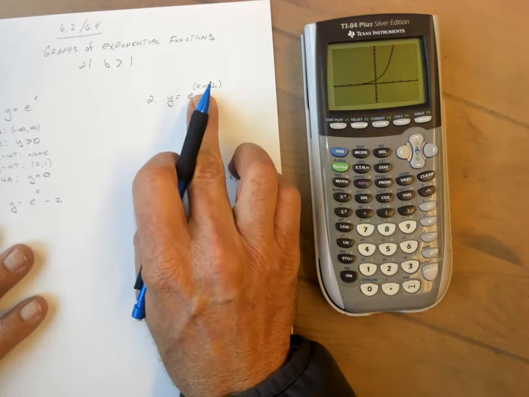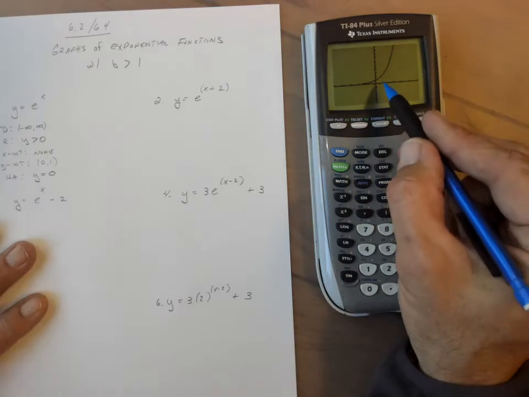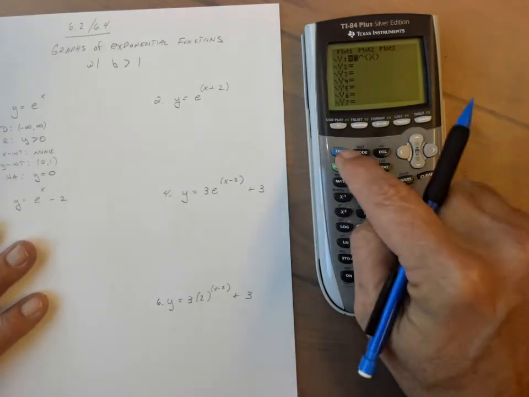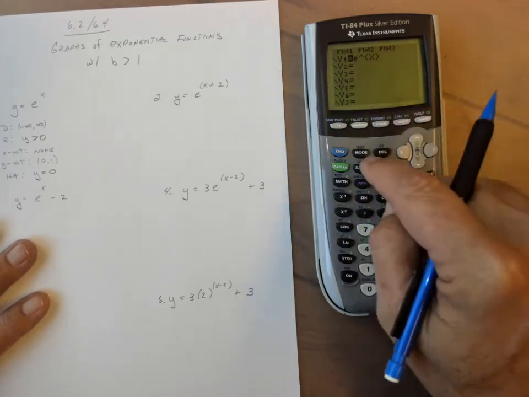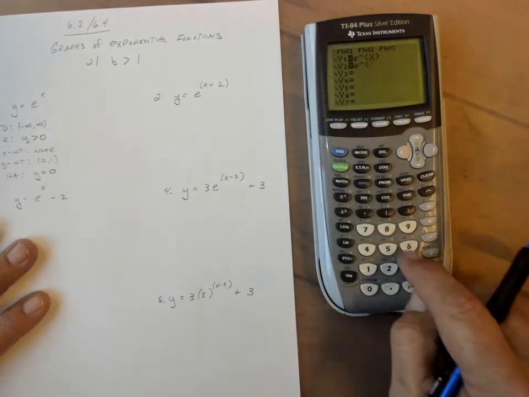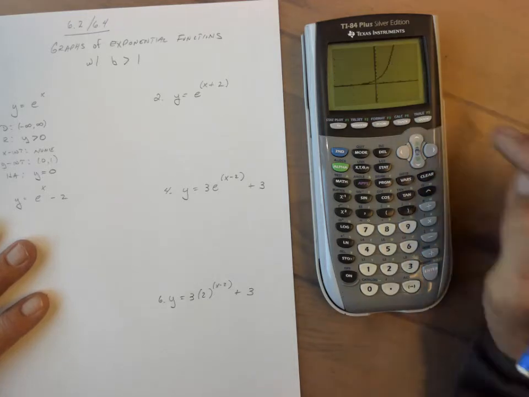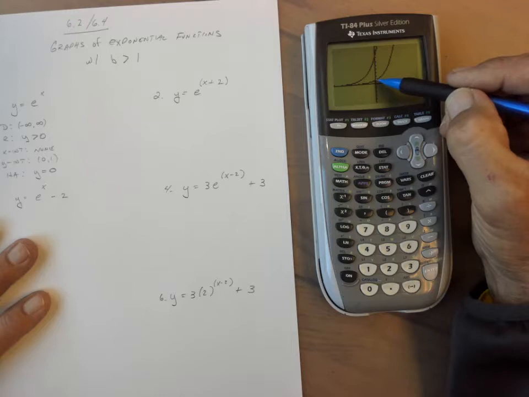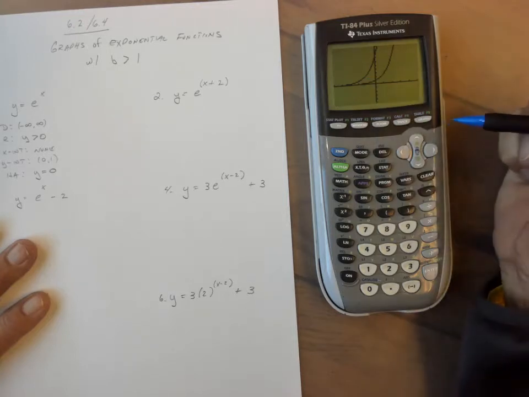Okay, so here the x plus 2, that's going to move the graph 2 units to the left. So we go back to our y equals. I'm going to put this into y2 because I want to keep that as a comparison. So we're going to do x plus 2. And notice that coordinate here at 0, 1 has been moved to the left 2.